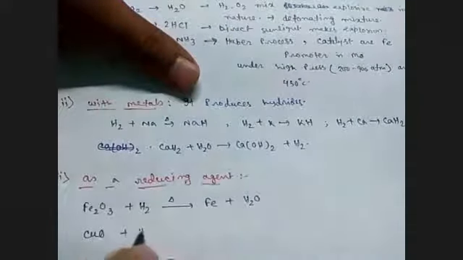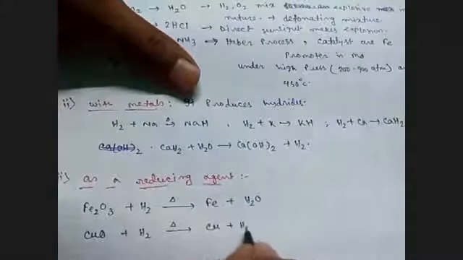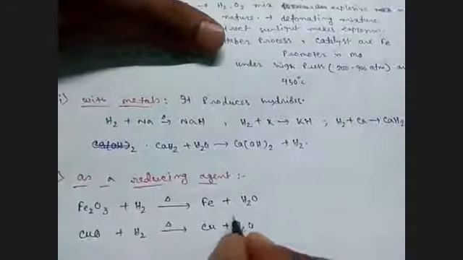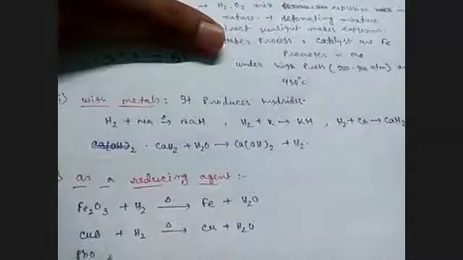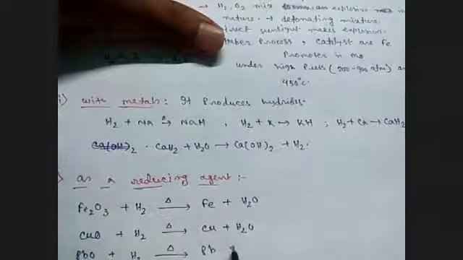If we pass hydrogen over copper oxide, it will form Cu and water. Lead oxide with hydrogen will form lead plus H2O. In all these reactions, hydrogen behaves like a reducing agent.